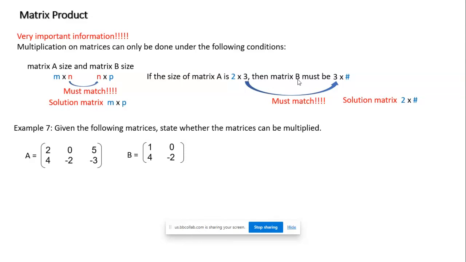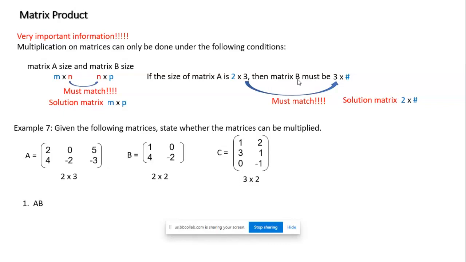Well, let's see. Again, the best way is to write the sizes down. Let me also give you another matrix C. Matrix A is a 2 by 3 matrix, matrix B is a 2 by 2 matrix, matrix C is a 3 by 2 matrix. So this is the question to you. Can I multiply matrix A and B together?